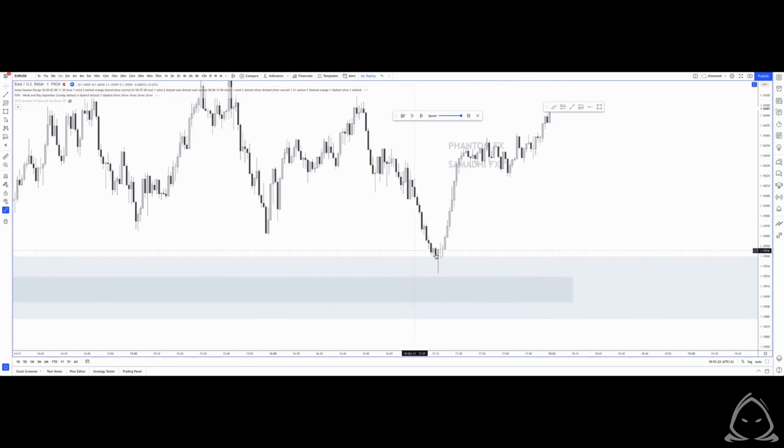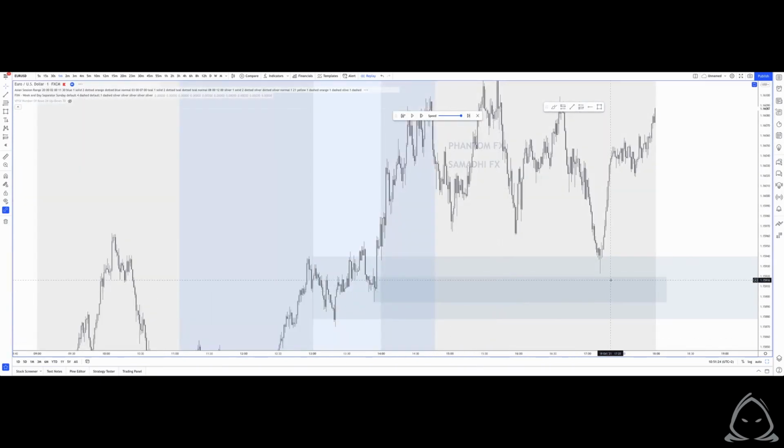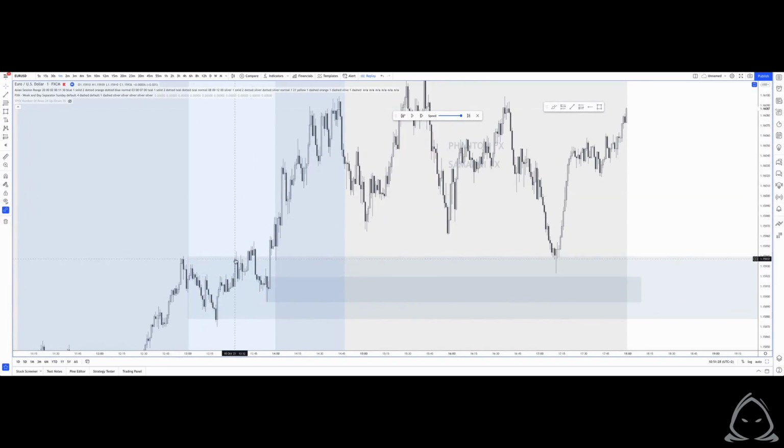Okay, nothing that worth to take in my opinion. So basically in this case we miss this one. You only can take it if you cover this high, just to take the open just below this imbalance, but honestly was not clean enough for me.